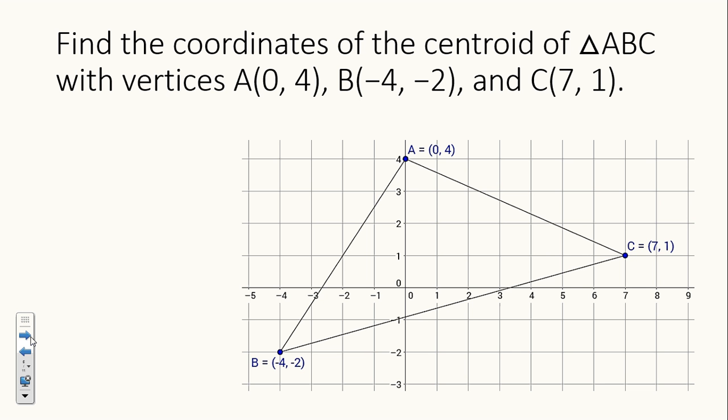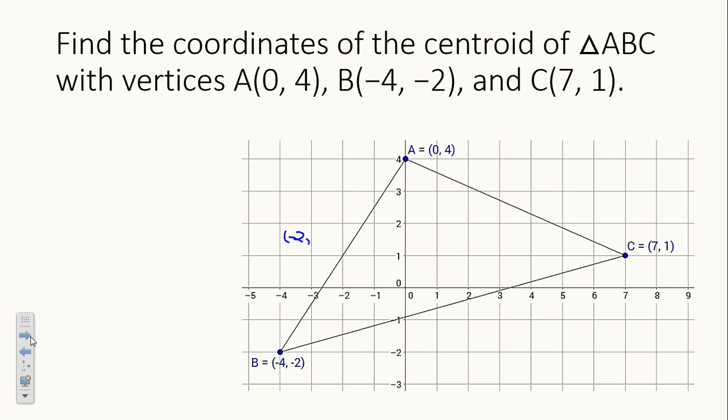Let's talk about how we would graph it. To find the coordinates of the centroid, we want to find the medians. So count if you want, or we add them up and divide by 2. What's negative 4 and 0? Negative 4 plus 0? Negative 4, divided by 2. So negative 2 is the x-coordinate of our midpoint.